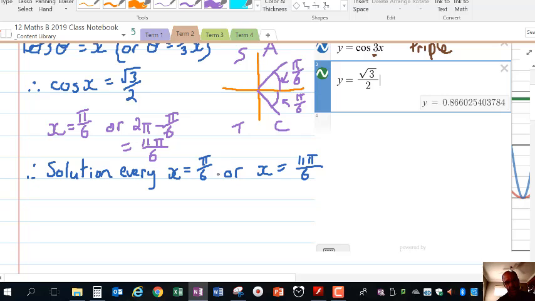So we need to add something else in here. It happens every rotation, so what we're going to do is add in 2k pi. We've also got 11 pi on 6 plus 2k pi, where k is an integer. So you can use integer values, whatever you like, but it makes sense to start at 0.